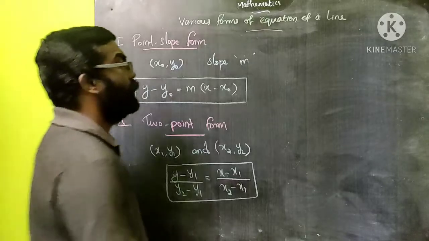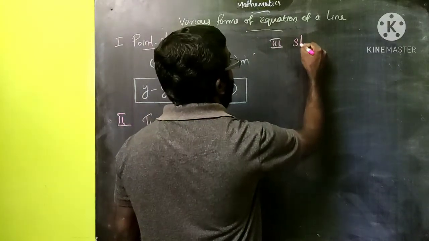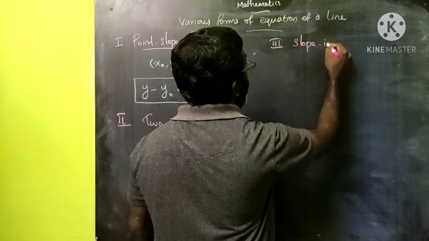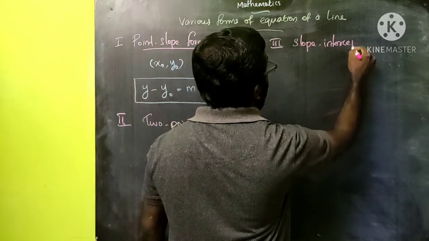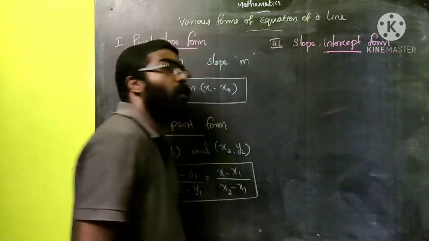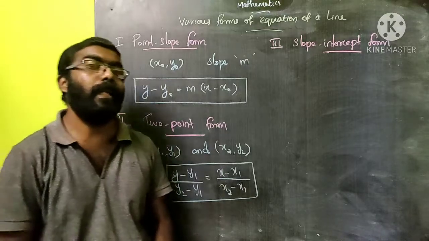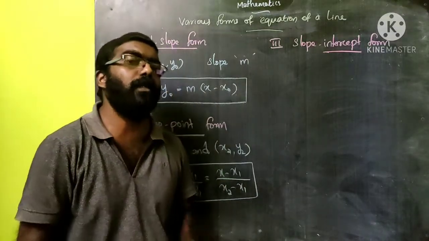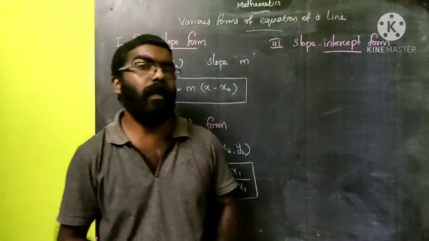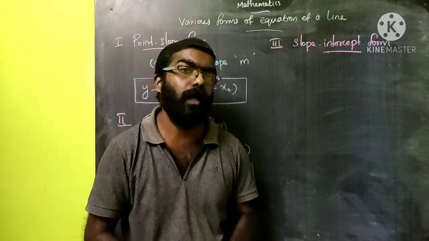Okay. And the third one is slope intercept form. If we know the slope and intercept here, intercept we mean the line intersect the x-axis or y-axis at a particular point.